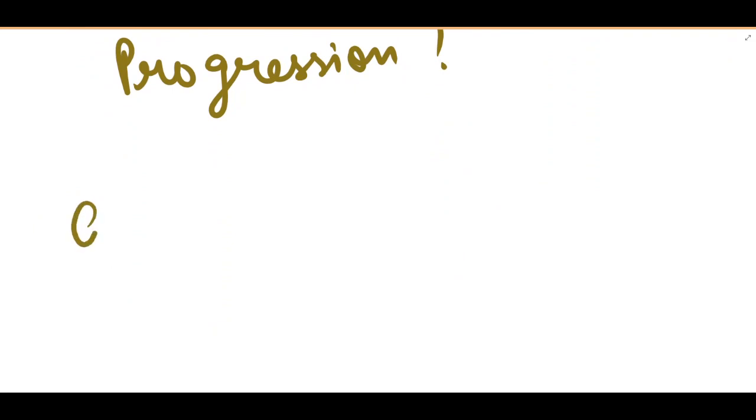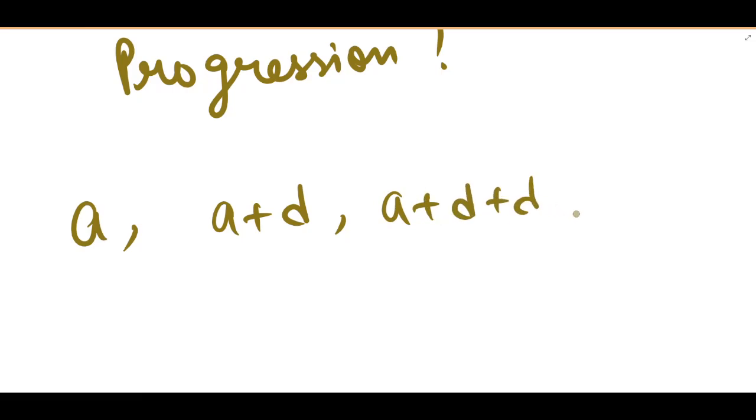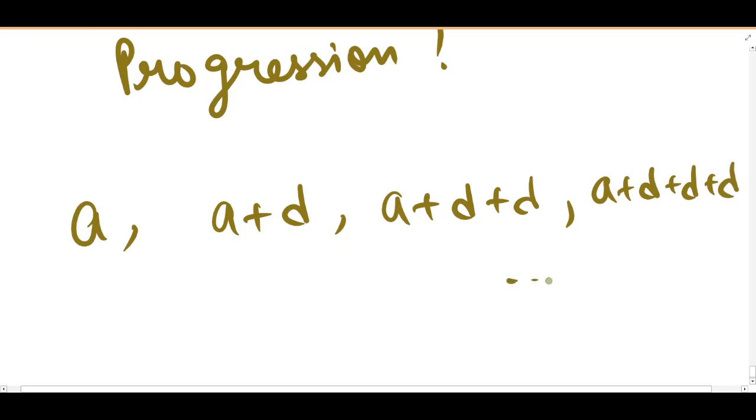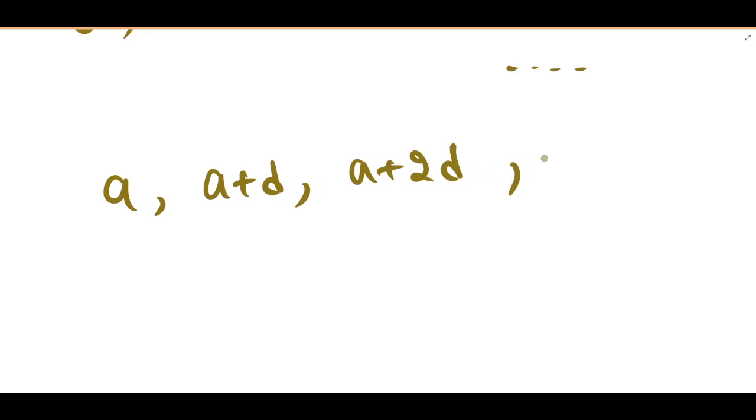We have first term a, second term a plus d, third term a plus d plus d, fourth term a plus d plus d plus d, and so it goes up to n terms. We can also write it as follows: a is the first term, a plus d is the second term, a plus 2d is the third term, a plus 3d is the fourth term, and it will go up to the nth term.